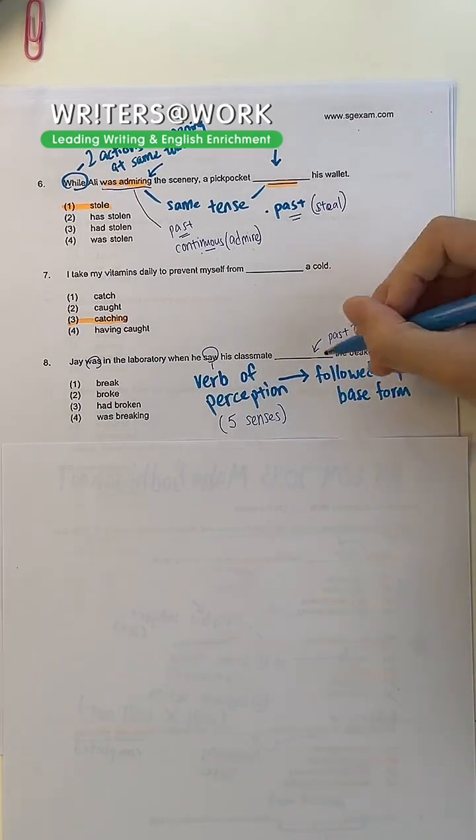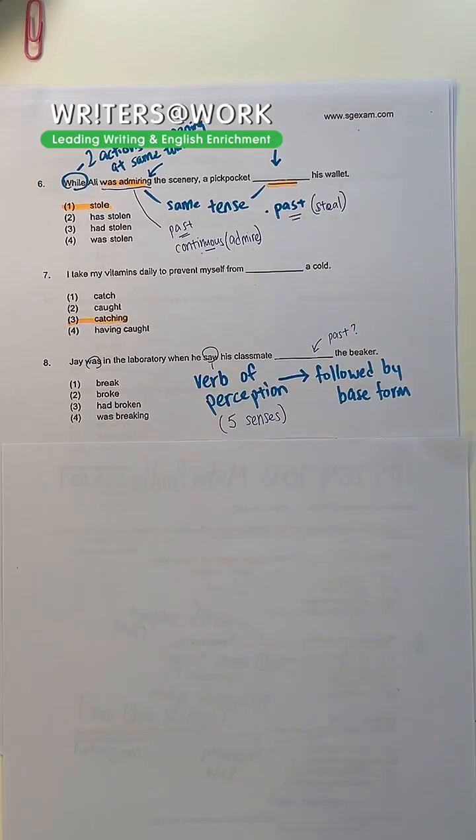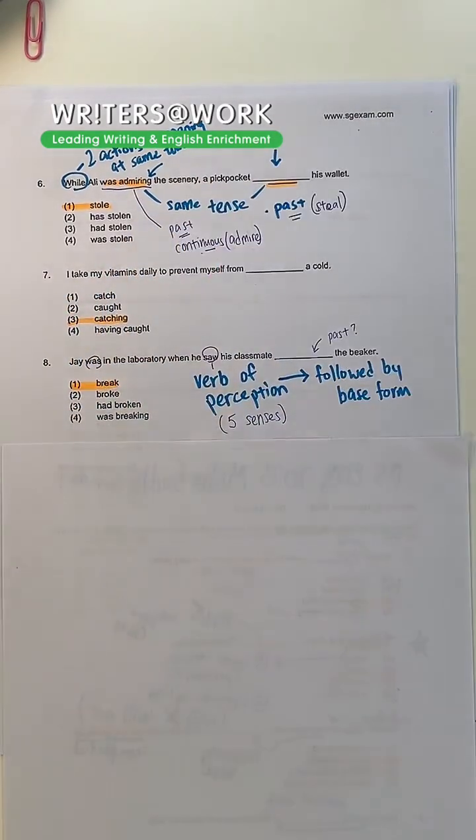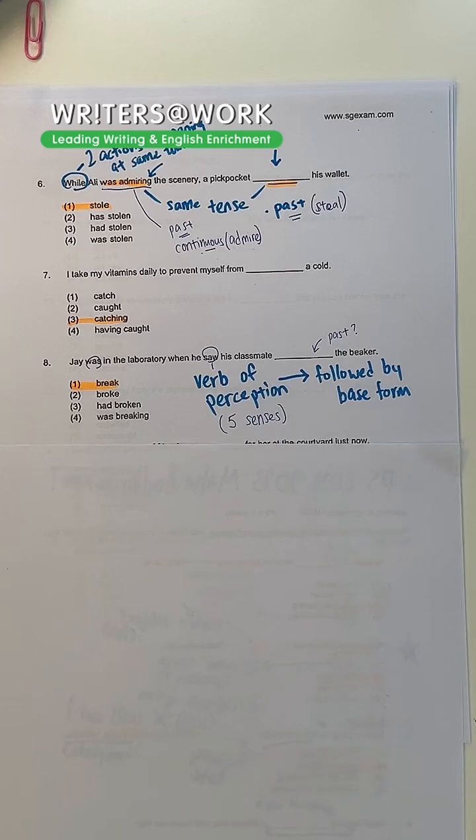In this case here, the base form of break is break. Okay. So that would be option 1 in question 8. Is that clear? Are there any questions or clarifications that we have for this question? Okay. So when you have a verb of perception, always follow it with a verb in the base form.